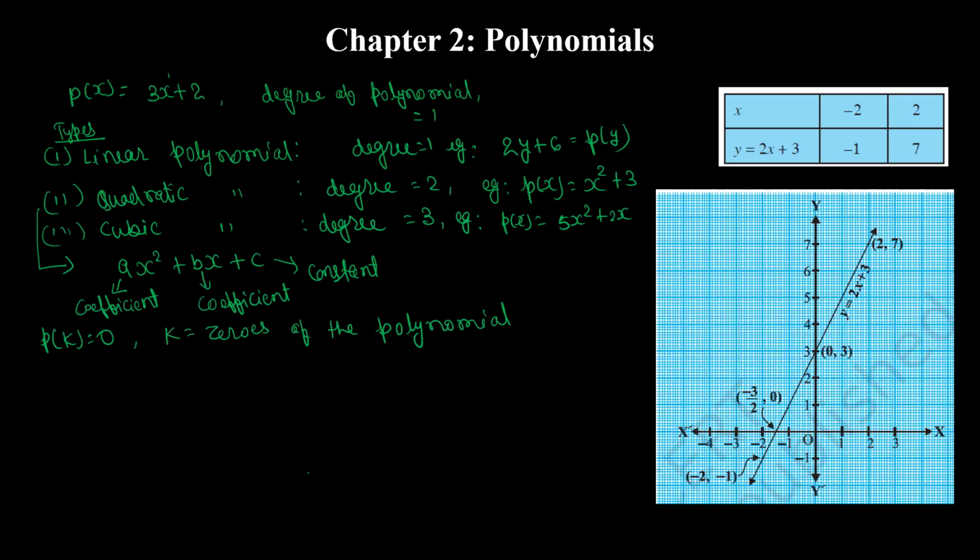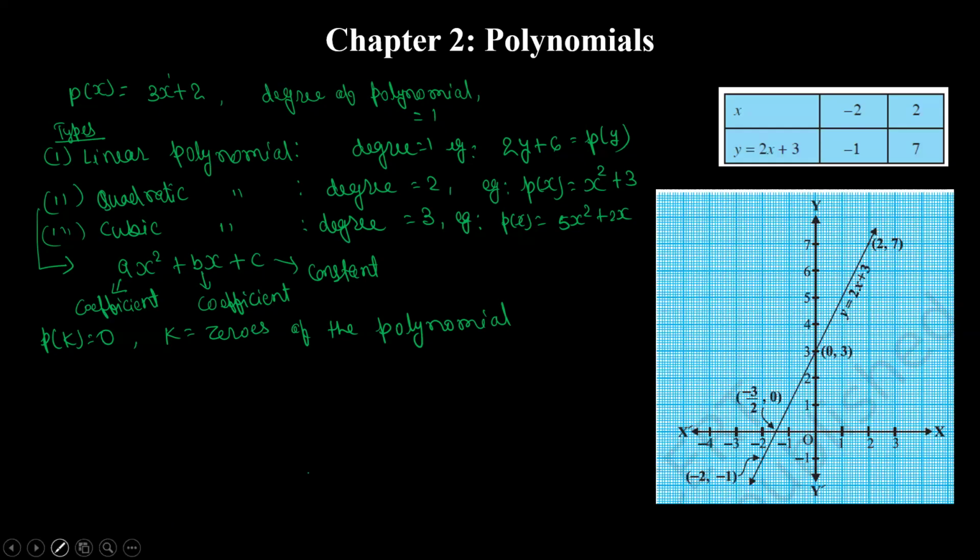Quadratic polynomial degree is 2, it has two solutions, two zeros, for two different values its value is going to become 0. In case of cubic, we'll have three different zeros. And sometimes maybe zeros can also be equal. Those are the conditions. Slowly we are going to see here.